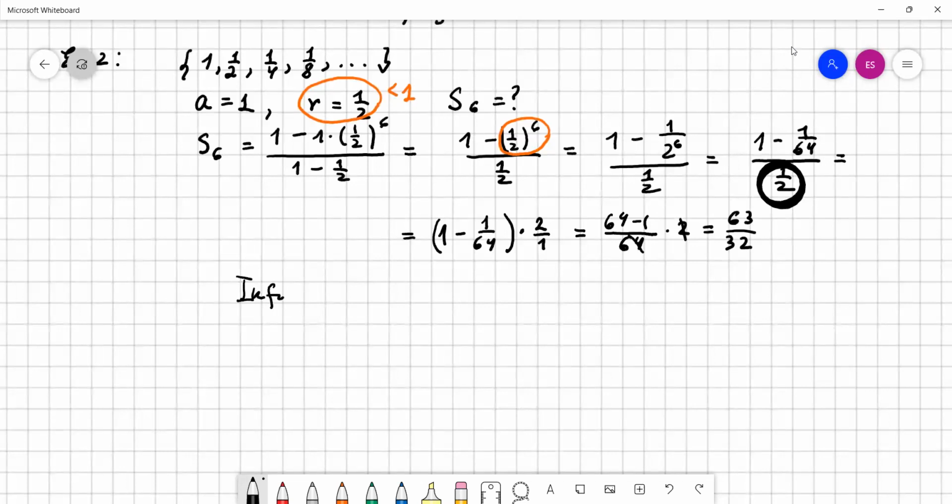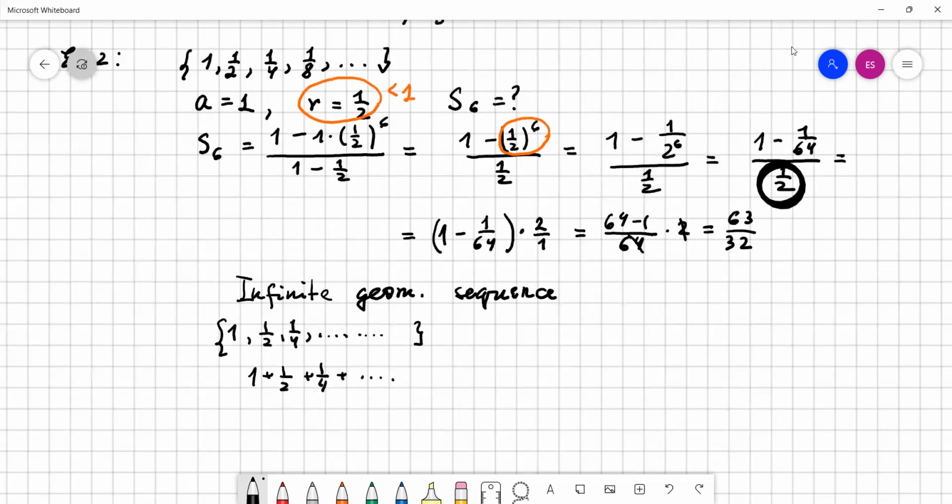Infinite. Is infinite geometric sequence. Well, it's 1, 1 over 2, 1 over 4, and it just does not end. And imagine that you want to add all these terms, like 1 plus 1 over 2 plus 1 over 4 plus up to infinity.